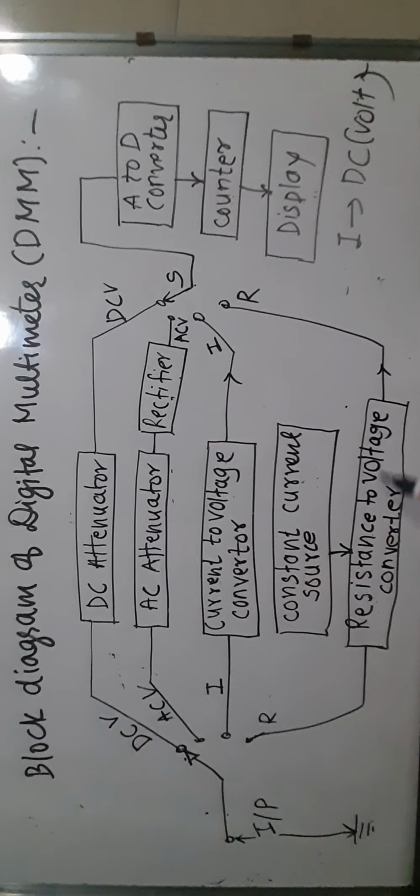Here resistance to voltage converter is used which converts the current into known value of voltage, and the DC potential is then applied to ADC, counter and display. So in this way we get the display in the form of numerical value.